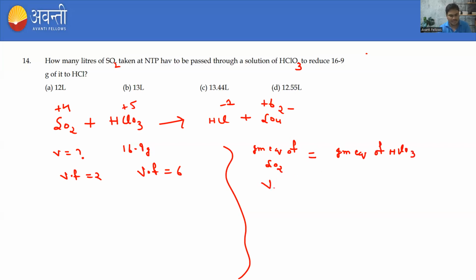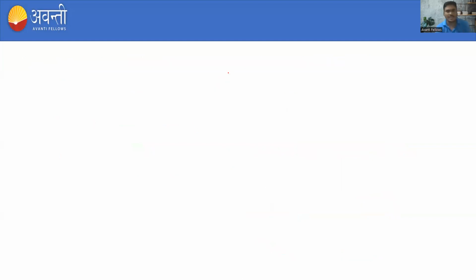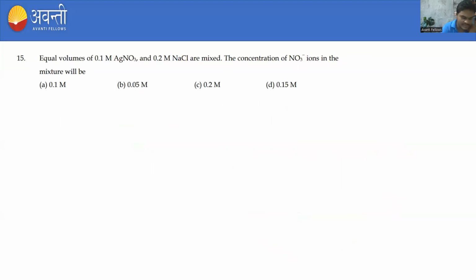So 22.4 upon 2 is equal to 16.9 upon 84.5 by 6. So from this you calculate the volume of SO2, which comes out to be 13.44 liters. So which option is correct? That is C. So C is absolutely correct for this question, right?